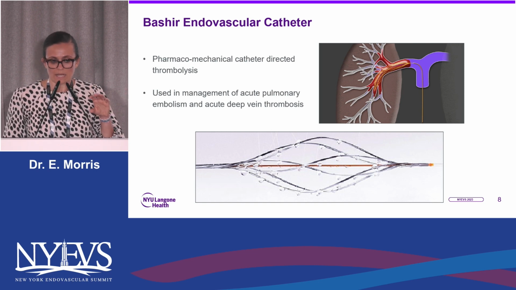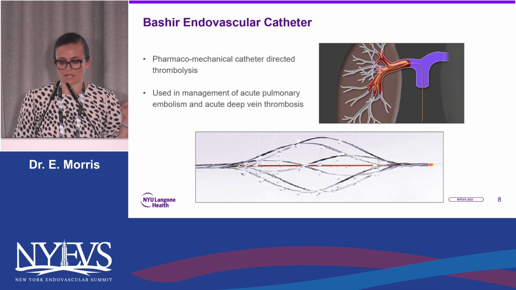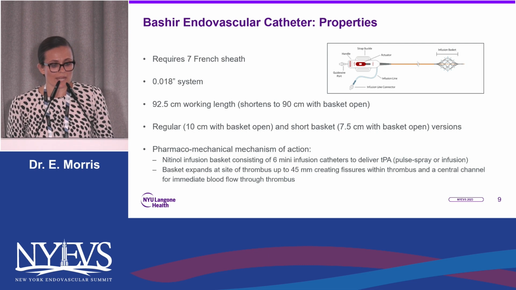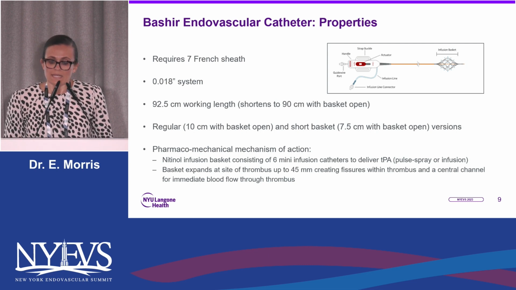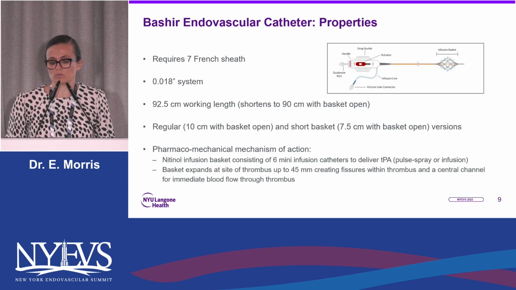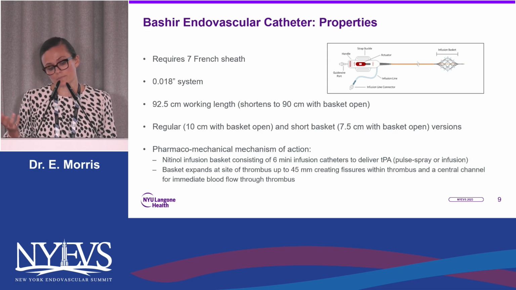There's another similar catheter to this that is specially designed with the appropriate length for DVT management. So the BASHIR catheter is a 7 French system. It goes over an 018 wire, which is kind of one of the sticking points for a lot of us who use it. They're coming out with an 035 version, I'm told, in the next month or so.